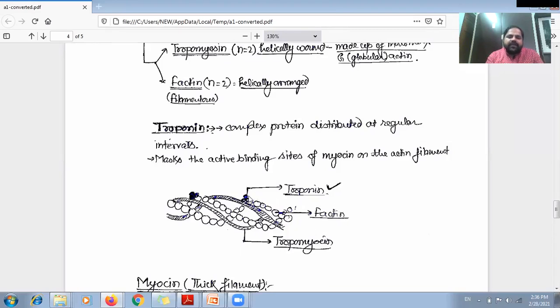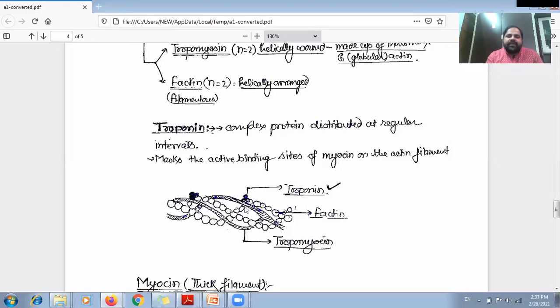Now we can see at regular intervals troponin is there. So troponin is a complex protein, as I told before, present at regular intervals on these actin filaments. And the important point associated with this troponin is that it marks the active binding site of myosin on the actin filament.